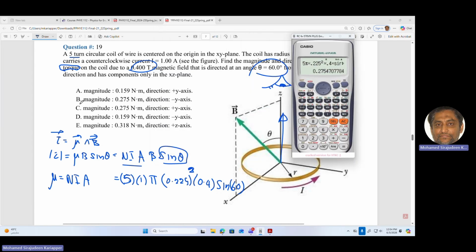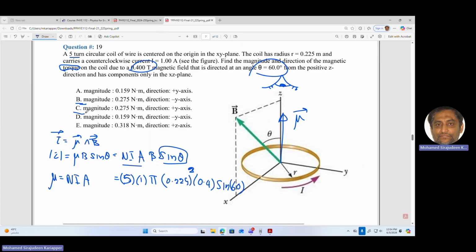So you got that. Only B and C have 0.275. So we can eliminate all the other answers.